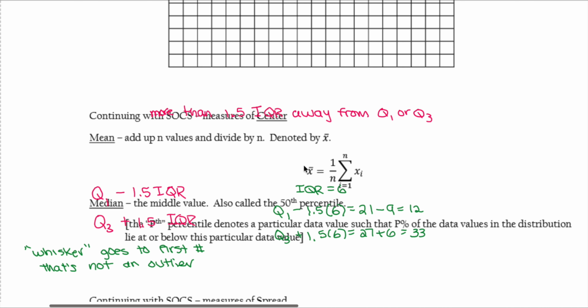But yeah, again, look at the formula right here. This is what I'm talking about for mean. So x bar is the mean. This is the summation notation. You add up all of the x sub i, from 1 to n, where n is the number of data you collected, and you divide it by the number of data you collected, which is pretty much the average that we calculated.